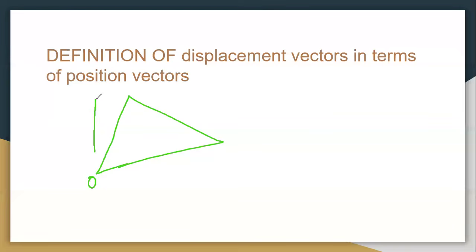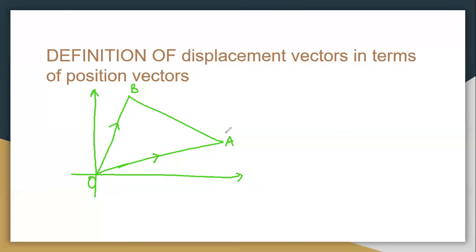Origin is the reference point. Sometimes, depending on the book you are reading, they may use the word reference point. So the moment you see reference, it means they are starting from the origin. And this is vector A, and this is vector B. This is O to A, and this is O to B.